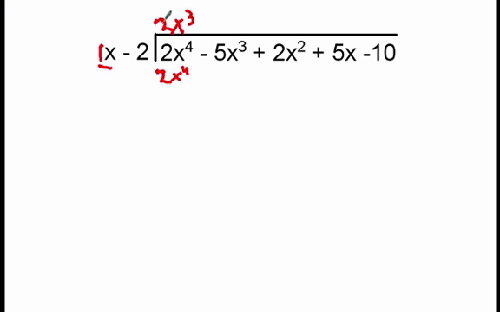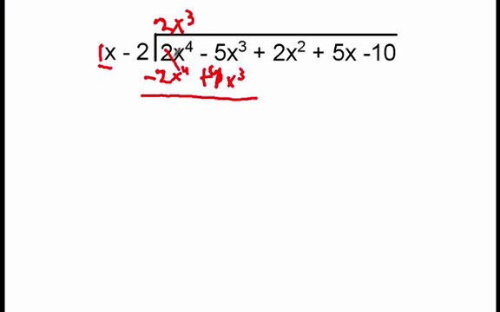And then 2x cubed times negative 2 gives me negative 4x cubed. All right, so now we know that we're subtracting, so this becomes minus 2x to the fourth, and we're subtracting negative 4x cubed, so this becomes plus 4x cubed.